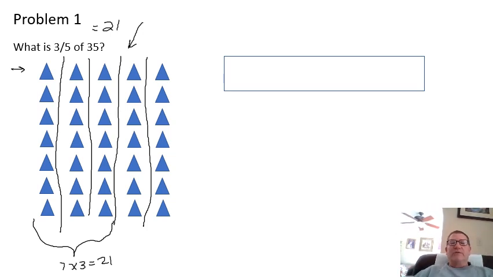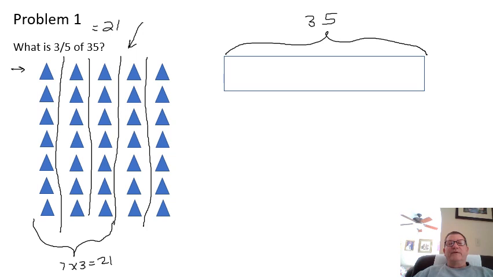Now we know in a tape diagram we always want the top to be our total. So here what we're splitting up is 35. Now it says, what is 3/5 of it? Well, just like we did in our set, we're going to split this tape diagram into 5 sections: 1, 2, 3, 4, and 5.